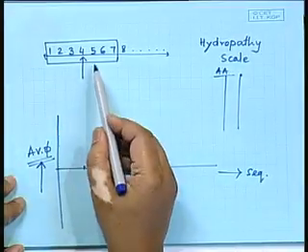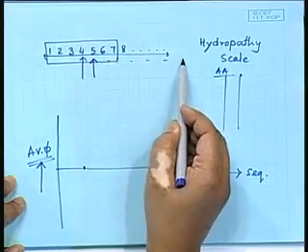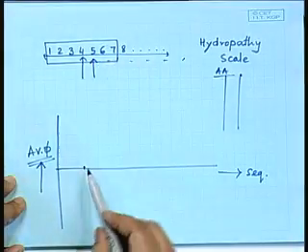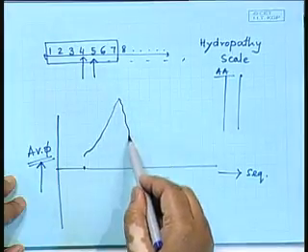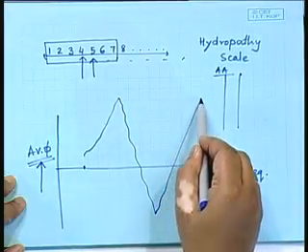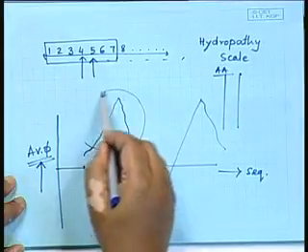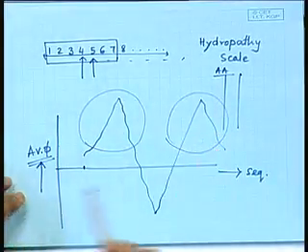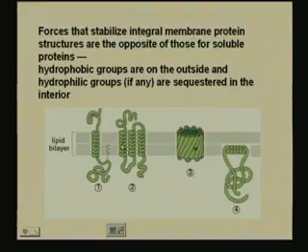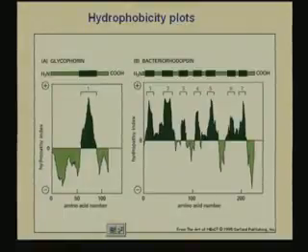In this plot, we continue this till we come to the end of the protein sequence, and we determine regions of high hydrophobicity. If we have high hydrophobic regions, we consider those regions to be traversing the membrane, and these hydropathy plots are used much more for membrane proteins than for any other sort of analysis of proteins.